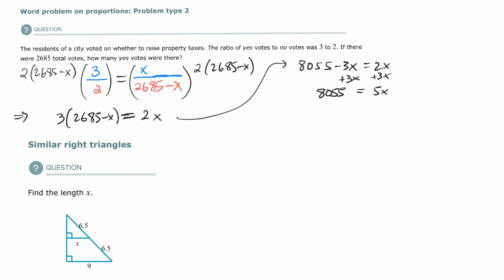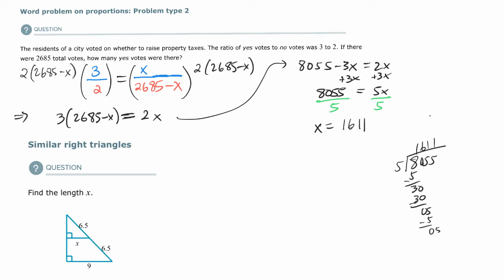So let's divide the entire sides by 5 because 5 is not 0, and let's see what we get. x is equal to, let's see here, that shouldn't be too bad. 8055 divided by 5, and then we get 0, bring down, and we get another 1, so we got 1611.